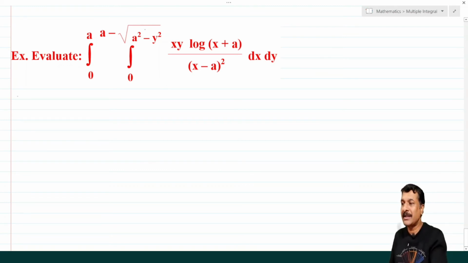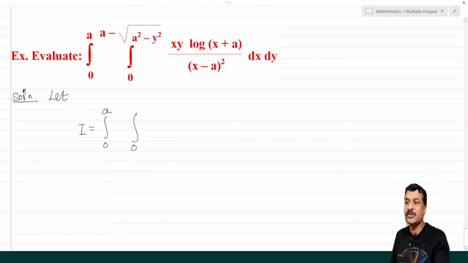So solution here. Let I equal to integration 0 to a, inner integration 0 to a minus under root of a square minus y square, the integrand is xy log of x plus a upon x minus a whole square dx dy.